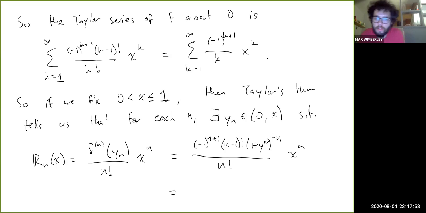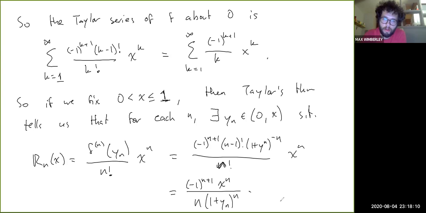And then, sorry, this is an n factorial. Then this is -1 to the n plus 1, x to the n over n times 1 plus yn to the n, right?